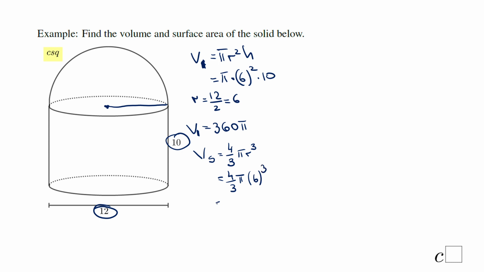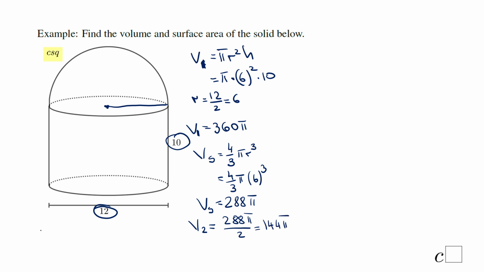So 6 cubed is 216. And we have 4 times 216 divided by 3. Of course, you can simplify, that would be 288 pi. But this is the volume of the sphere. The volume that we really need to find out is the half of the sphere. So I'm going to have this 288 divided by 2, and that will be 144 pi.